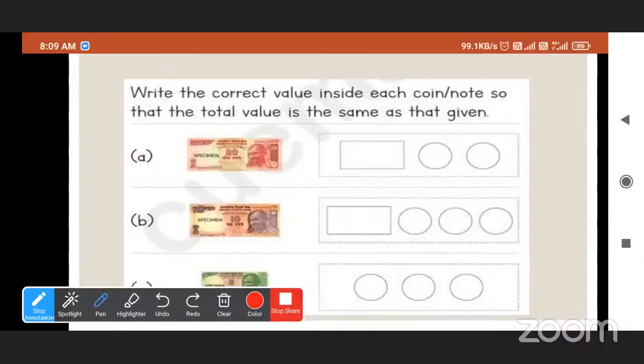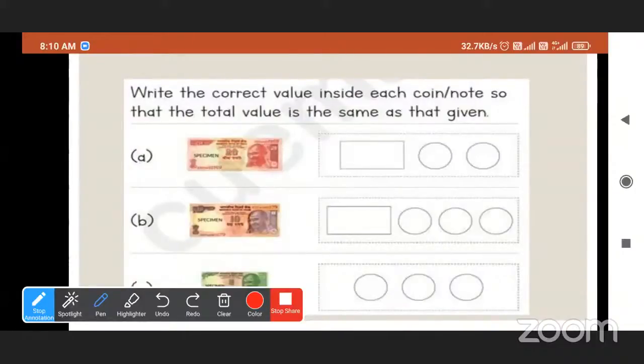Okay, so see, A is 20 rupees, so we have to divide it in notes and coins. So in the rectangle we have to write 10 rupees, 20 rupees, 50 rupees, etc. And in the circle we have to write the value of coins.